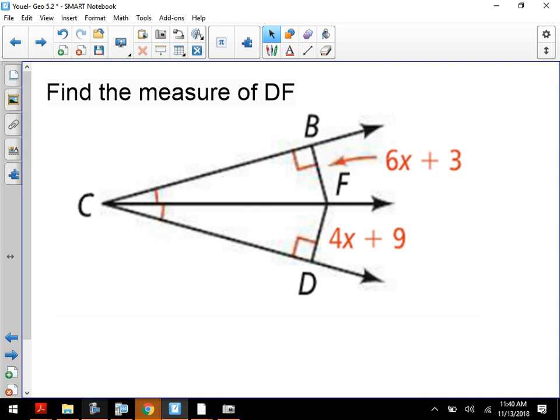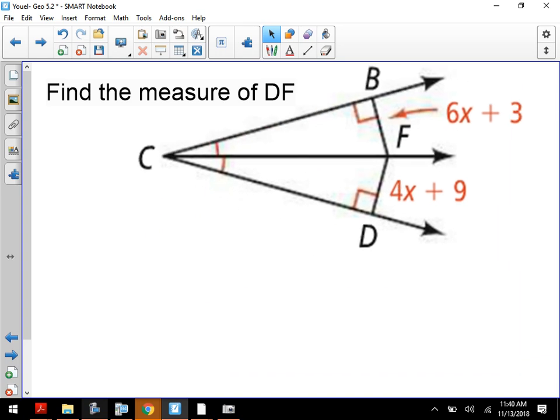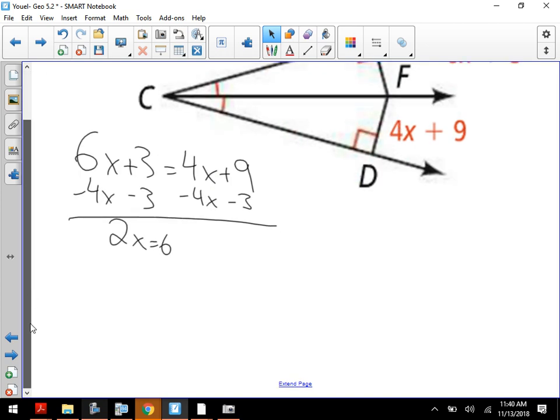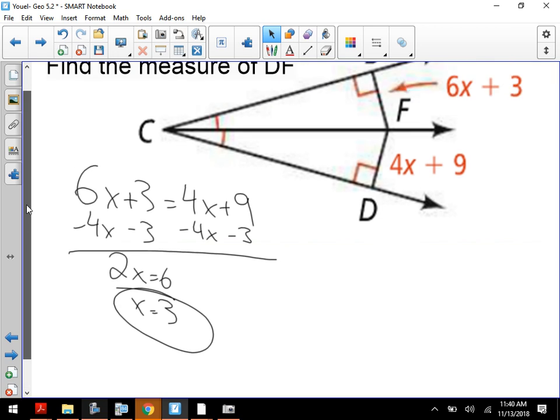So algebraically again, we get 6x, you get 3.